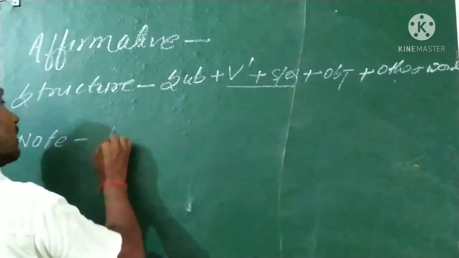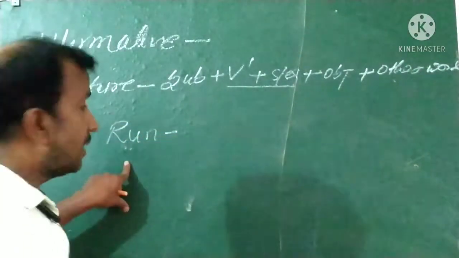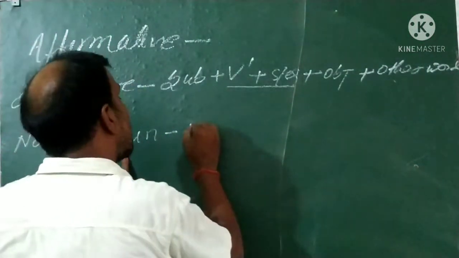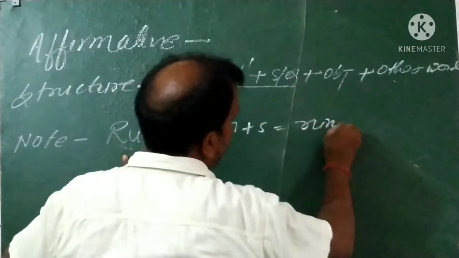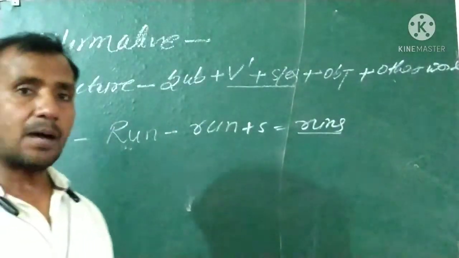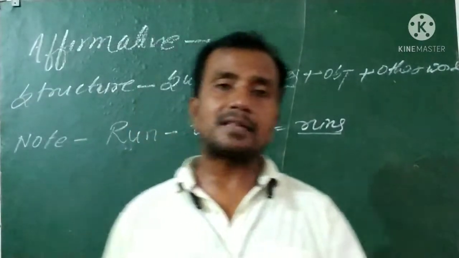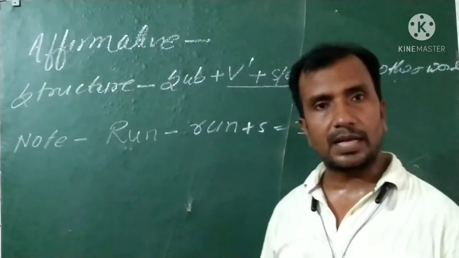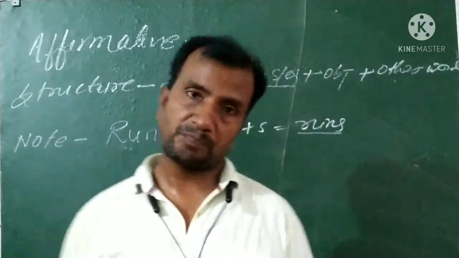That means run here is plural. If you want to make it singular, then you can write run plus S is equal to runs, and runs here is singular. That means कि अगर आप वर्ब को सिंगुलर बनाना चाहते हो तो आपको वर्ब में S/ES लगाना पड़ता है, और नहीं तो नेचुरली वर्ब हमेशा प्लूरल में होता है. And it is also taught in the subject-verb agreement part.